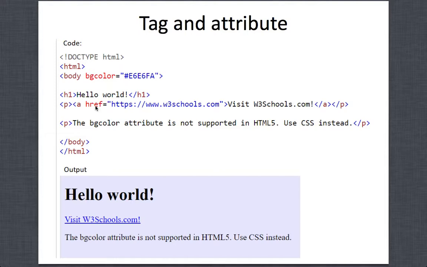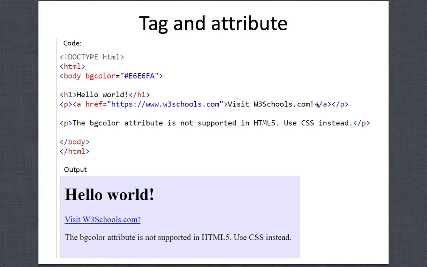An attribute will always contain a value. What value does this href contain? It contains the URL, the address, or the place where the web page has been stored.